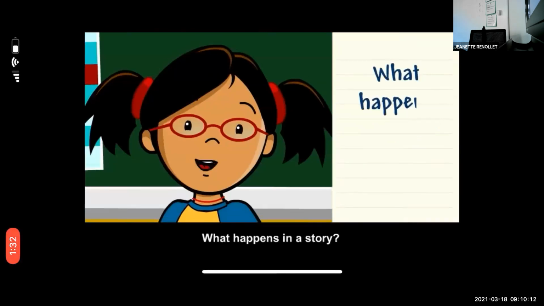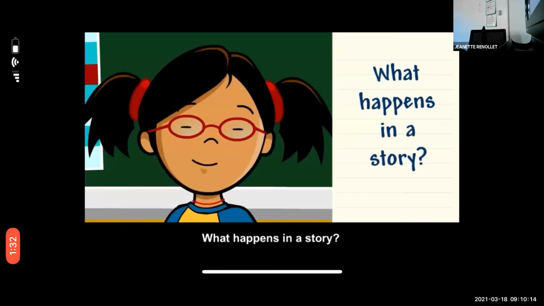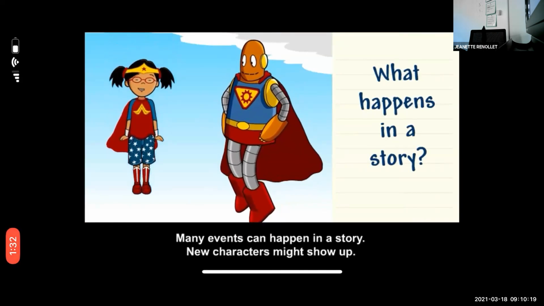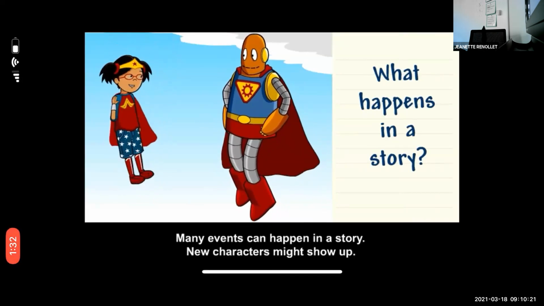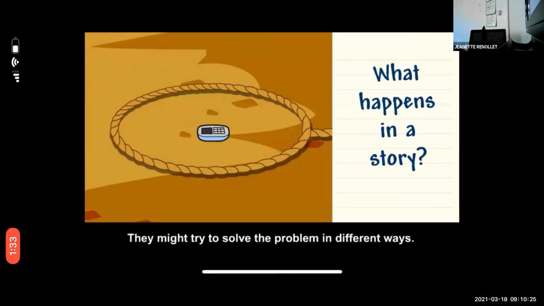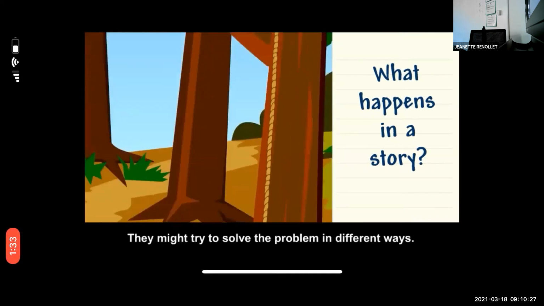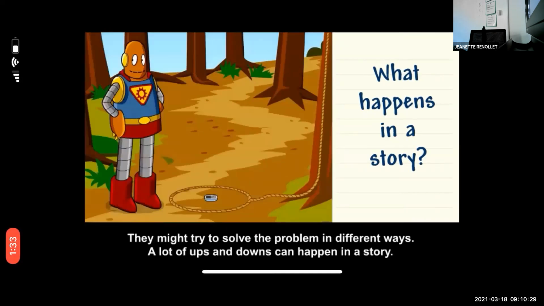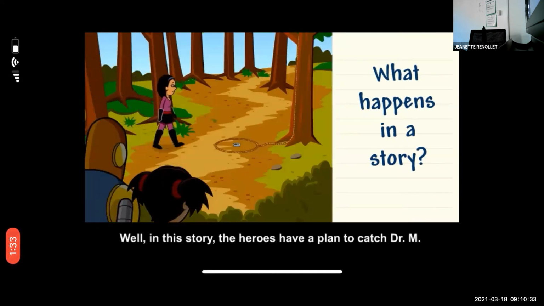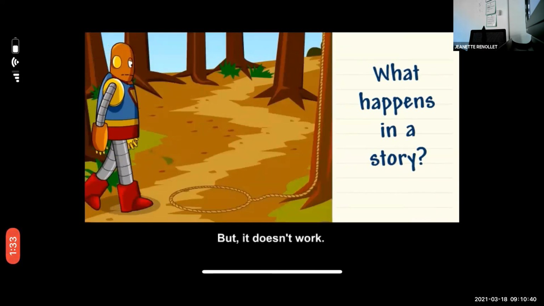What happens in a story? Many events can happen in a story. New characters might show up. They might try to solve the problem in different ways. A lot of ups and downs can happen in a story. Well, in this story, the heroes have a plan to catch Dr. M. But it doesn't work.